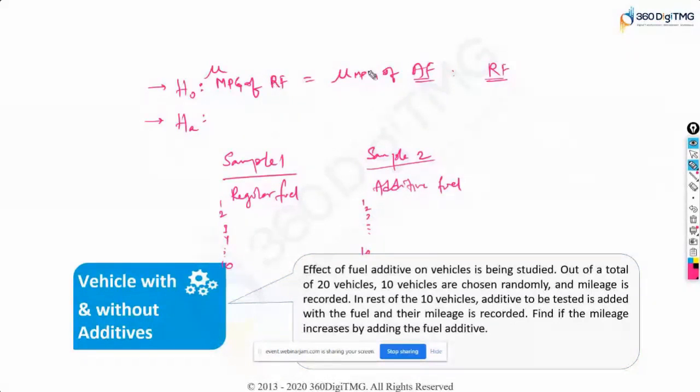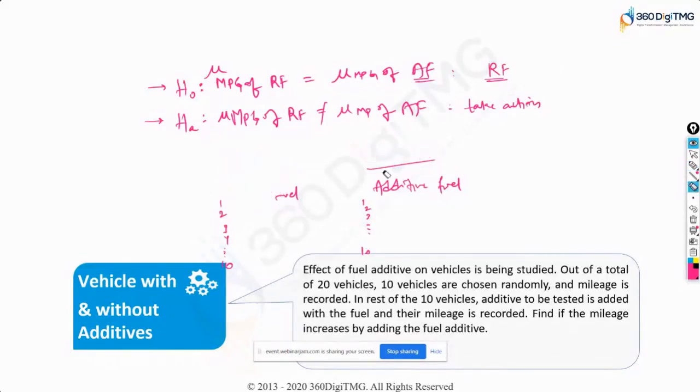The alternative is that miles per gallon of regular fuel is not equal to miles per gallon of additive fuel. So here, yes, you need to take action. That action basically is to try and identify which is more. Is additive fuel more or regular fuel more?